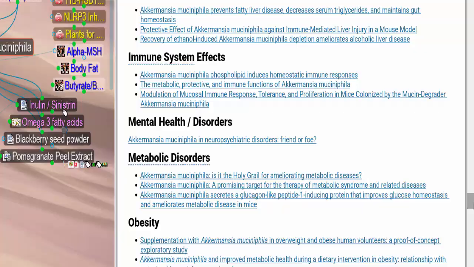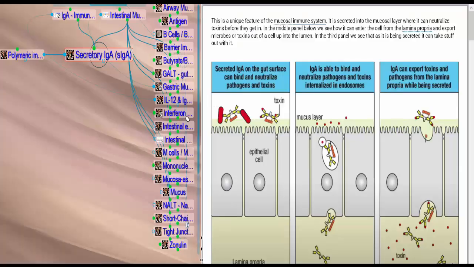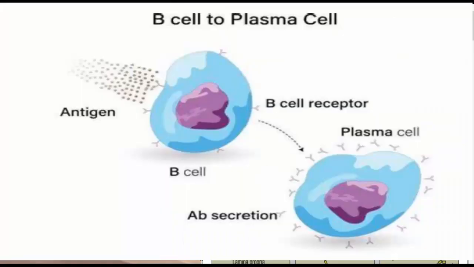Okay, folks, let's finish up with secretory IgA, immunoglobulin A. So we have regular, plain old ordinary immunoglobulin A that's produced by B cells, and normally the IgA is attached to the B cell.